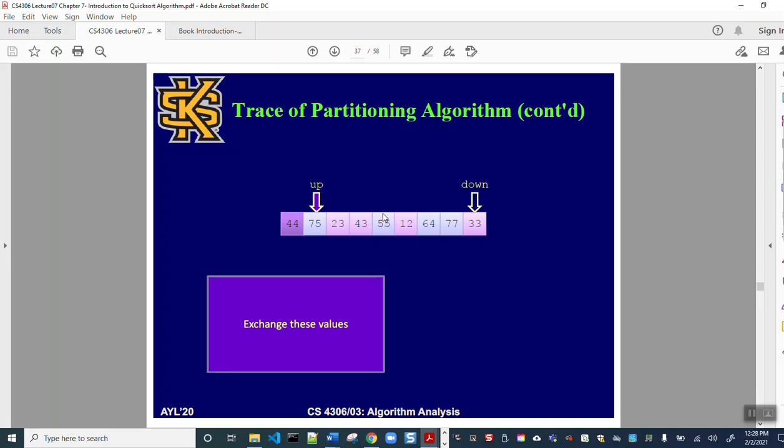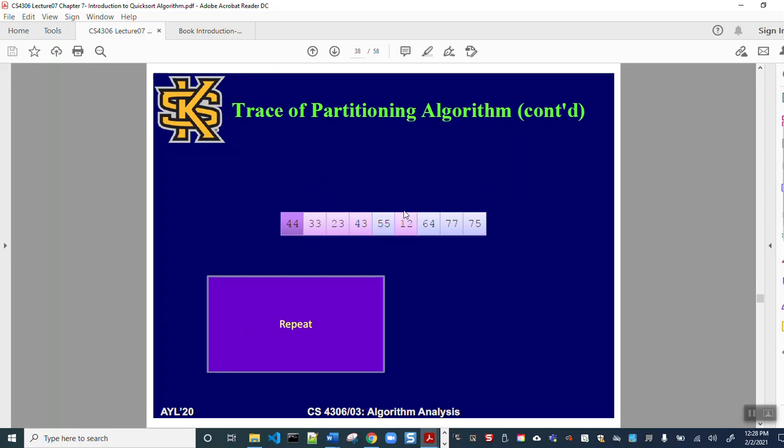And at the same time we are moving the down pointer to the left side until we get any value that is less than the pivot element. What is my pivot element? 44 is my pivot element. So in the next iteration, up will go to 55 and down will come to 12.